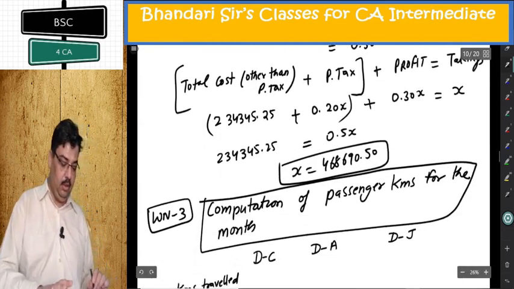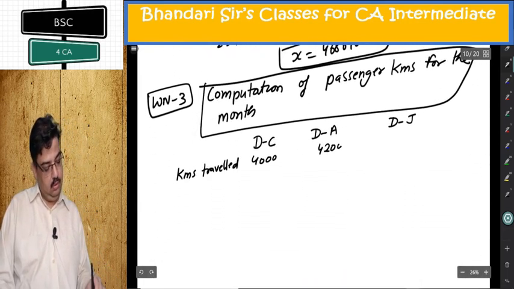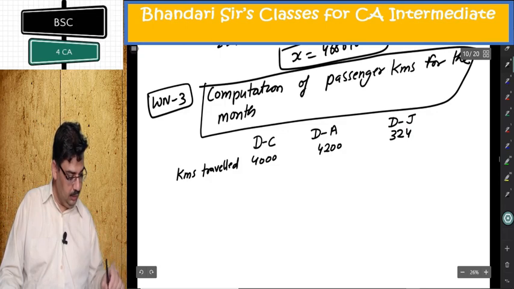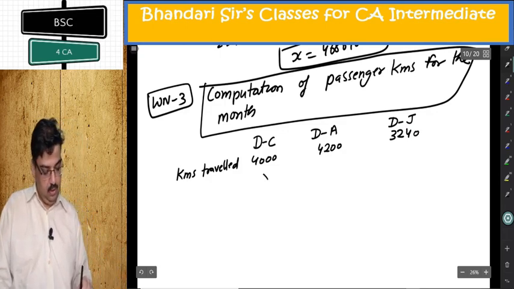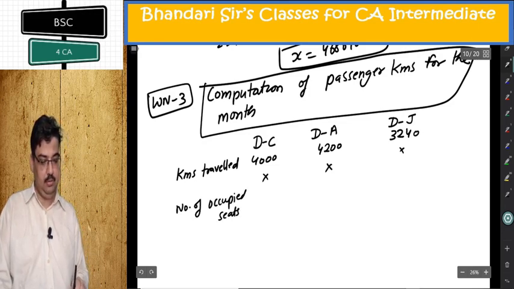4,000, 4,200, 3240, multiplied by the number of occupied seats.